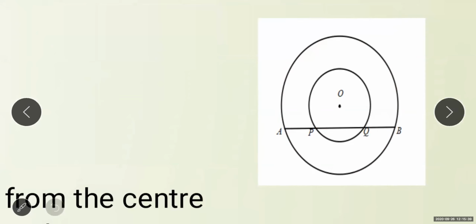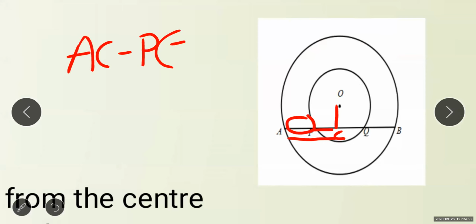If you subtract this whole portion, this is C. This PC and this total is AC. AC minus PC, you will get AP. You can see in the diagram, this whole AC minus this PC, you will get AP.